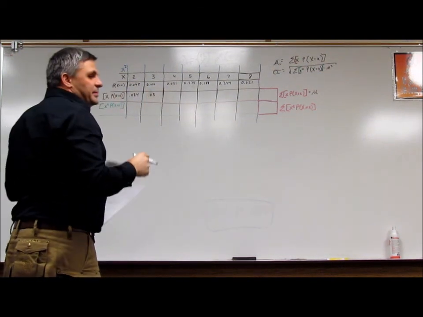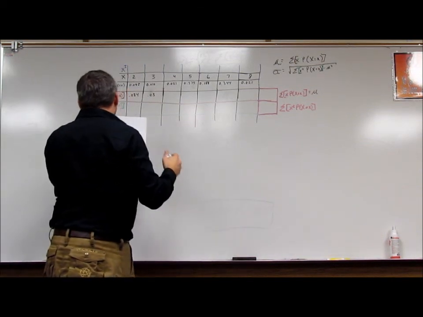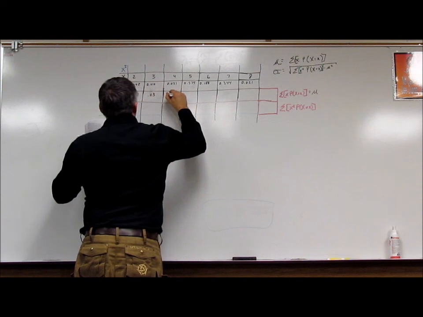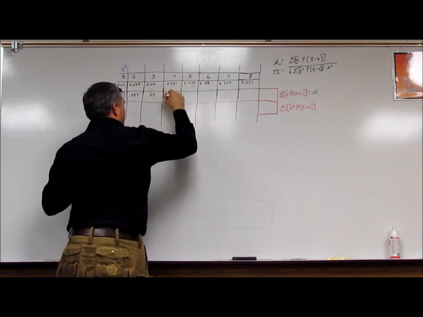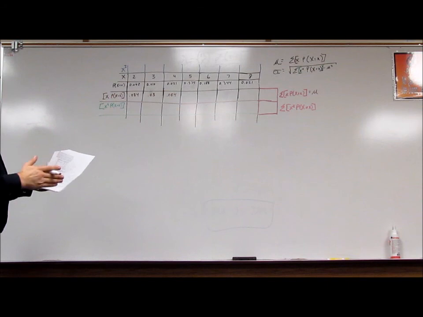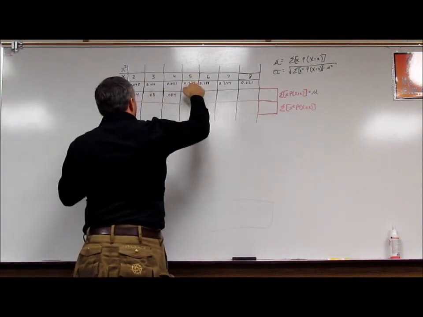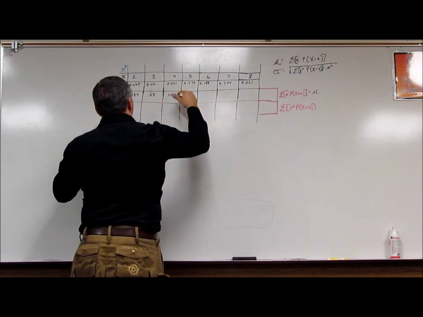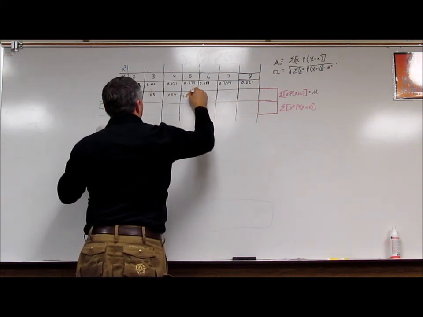And 4 times 0.021 is going to give me 0.084. That's not a 1, let's make sure it's a 0. And then 5 times 0.375 is going to give me 1.875.